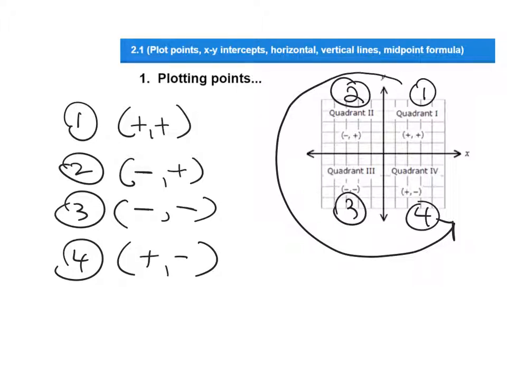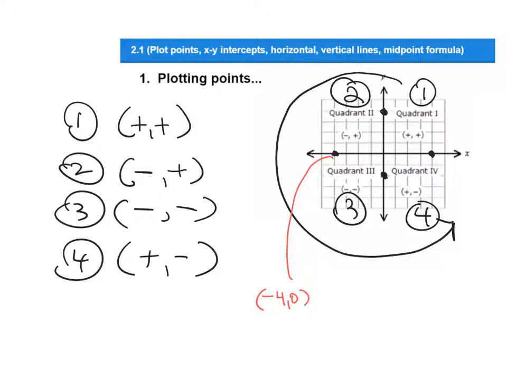You also have possible ordered pairs that would be on a line or on an axis. And so when you have something like this, that would be negative 1, 2, 3, 4 to the left, but 0 on the y.